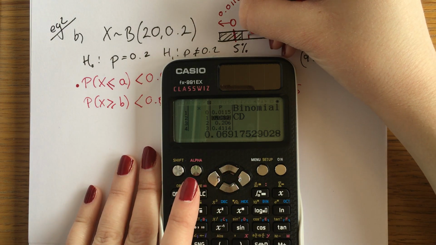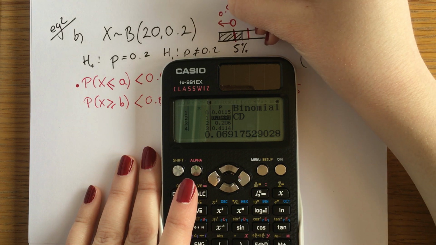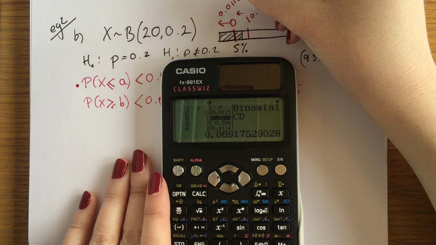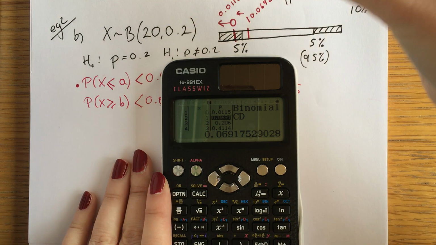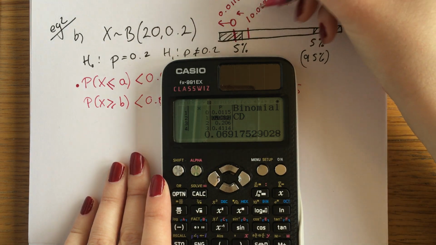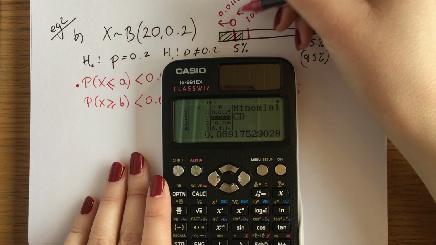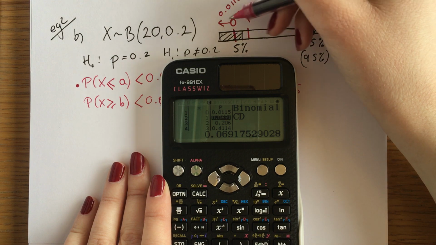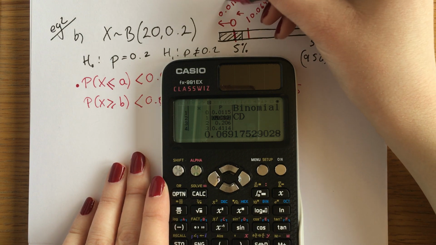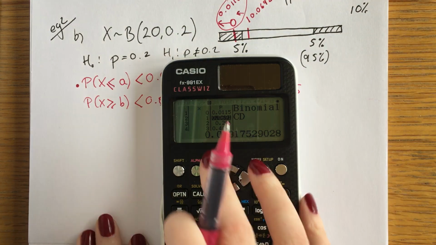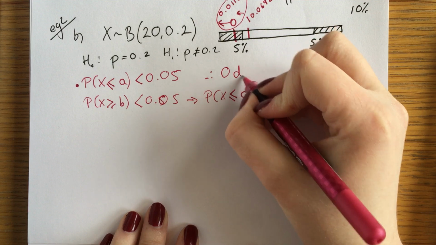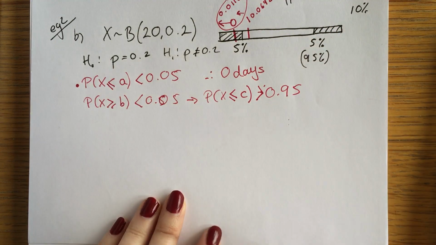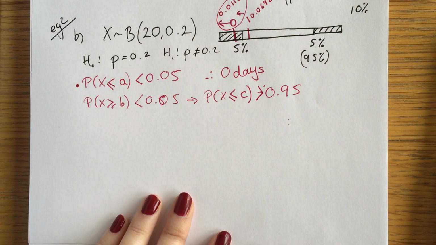And then I've got 1 day or less, which is 0.0692. So this is outside of our range. We want it to be less than 5%, okay? So it's this one I'm talking about. So therefore, 0 days is our lower critical region.